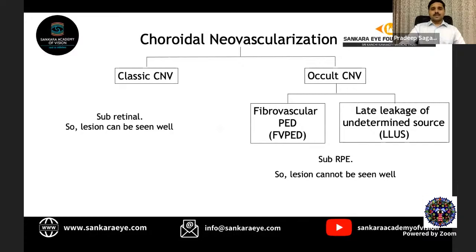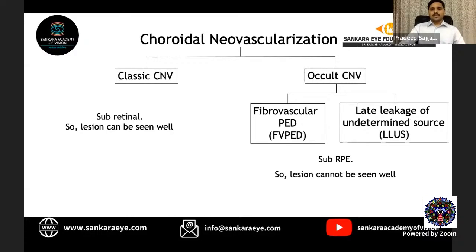So we classify choroidal neovascularization based on fluorescein angiography into a classic CNV and occult CNV. Classic CNV is located in the subretinal space, so the lesion can be seen very well. In occult CNV, it is located in the sub-RPE space, so the lesion will not be seen very well on fluorescein angiography.